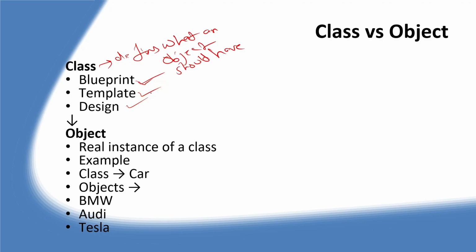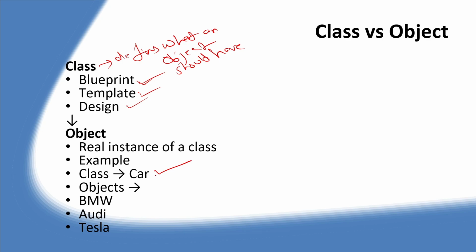For example, the car is a class. And individual cars, so here you can see one example. Car is a class. That means the blueprint or template or design of a car, and on the basis of this design, template or blueprint, the objects will be prepared, objects will be created.